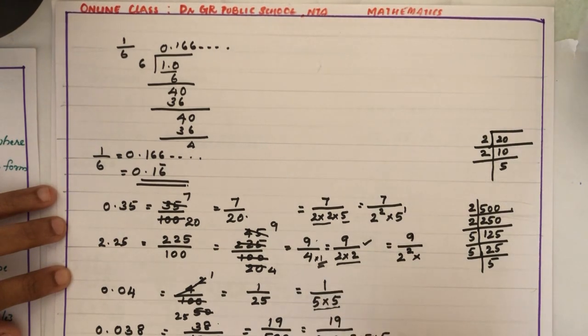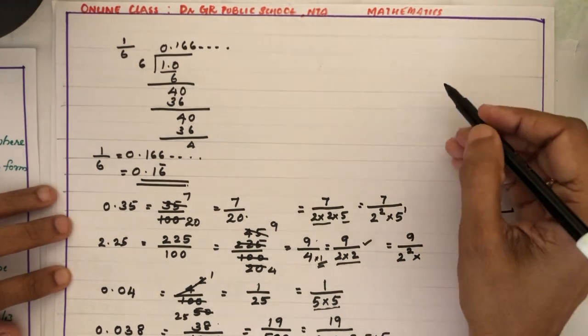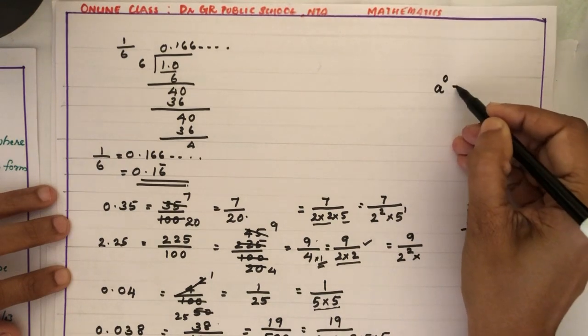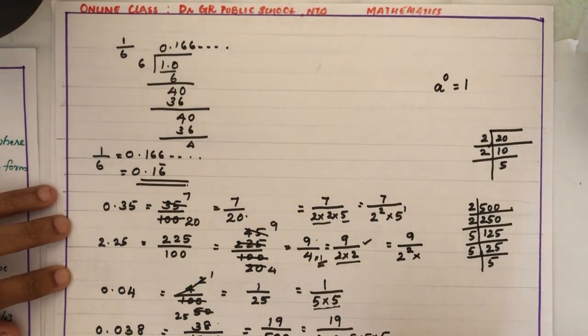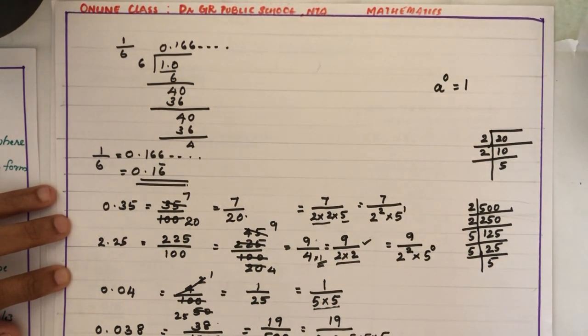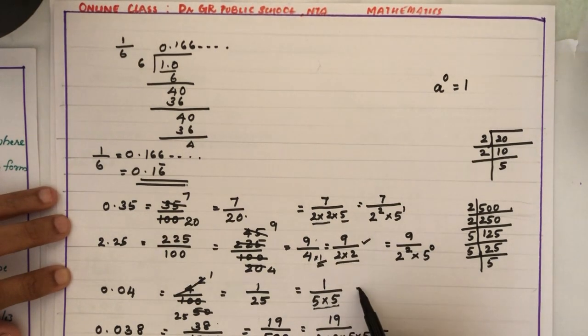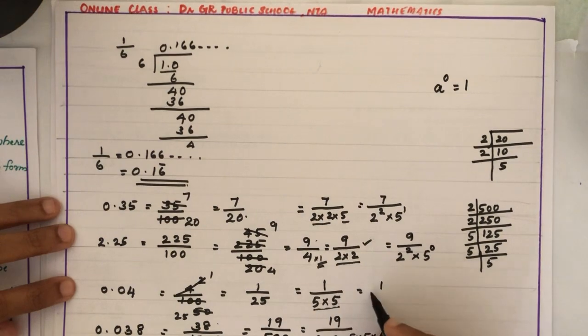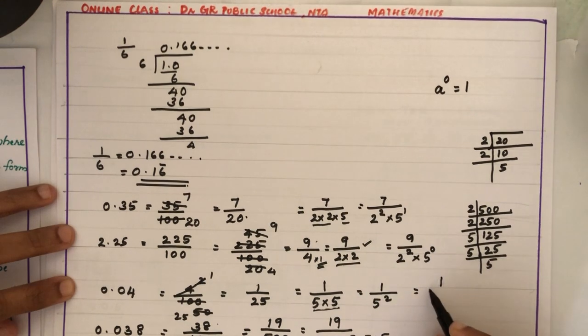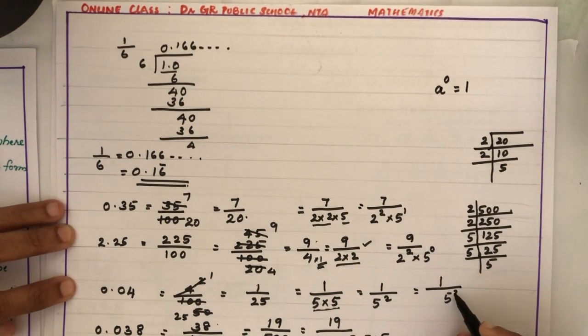Instead of that 1, we can write 5 raised to 0, because you studied one law of exponents: any number raised to the power 0 is equal to 1. So for this one we can write 5 raised to 0. So this is 2 raised to 2 into 5 raised to 0, the 2 raised to n into 5 raised to m form. Here 1 by 5 into 5 can be written as 5 square. So this also can be written as 1 by 5 square, and 2 also can be written with the power 0.